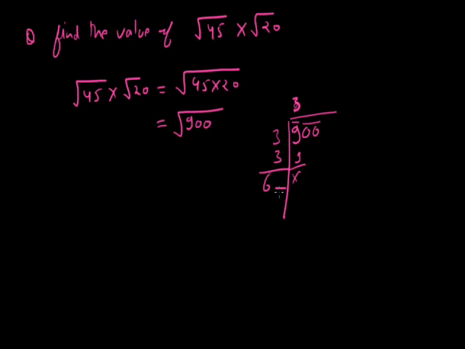Now we have to write a blank. We have to copy the next period, that is 0 0. So in order to get 0 0, we have to write only 0 here, because 60 multiplied by 0 gives you 0, so we write 0 in the quotient as well. So the square root of 900 is 30. So the answer is 30.